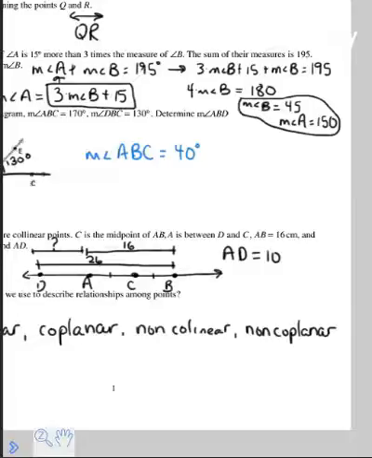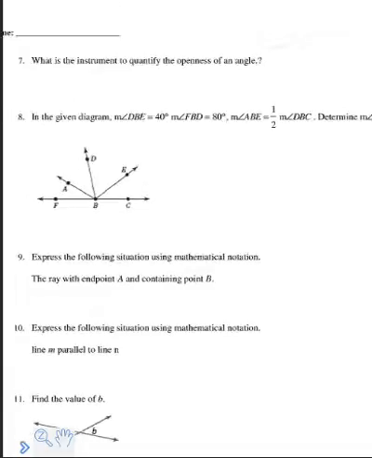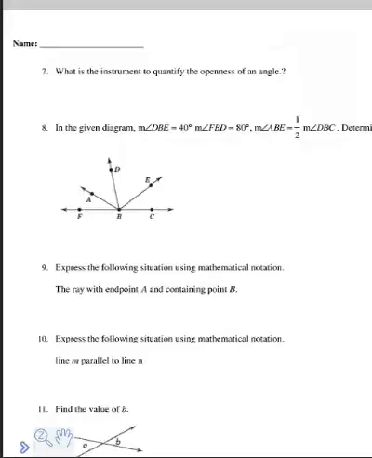For page 2, what measurement tool or what instrument do we use to quantify the openness of an angle? It's a protractor.